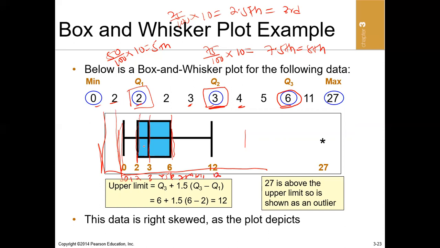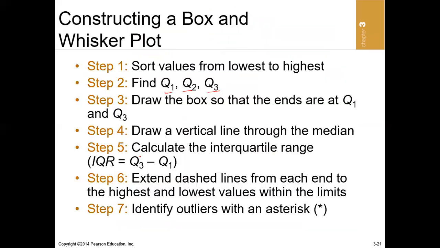So we now draw a vertical line through the median. That is the fourth step.